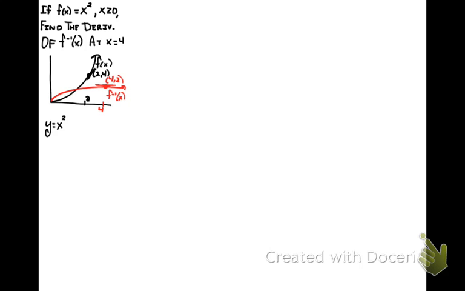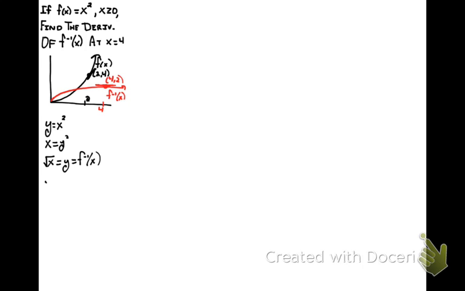So if we switch x and y, then we know that x equals y squared. And if we solve this for y, we know that y equals the square root of x. Right, so this is the inverse. And since we'd like to find the derivative of the inverse, well, let's just take the derivative of this.